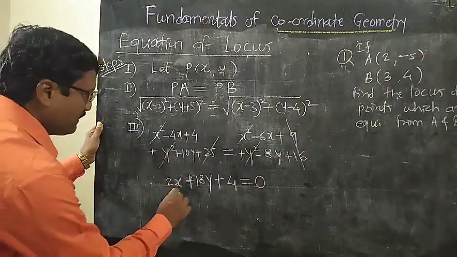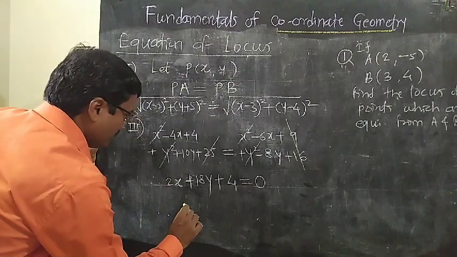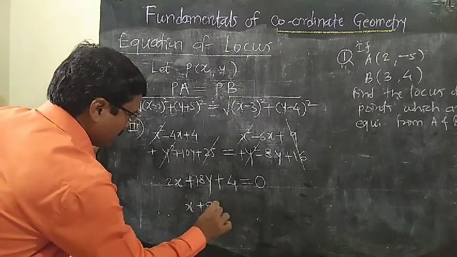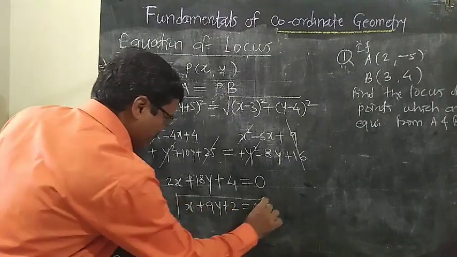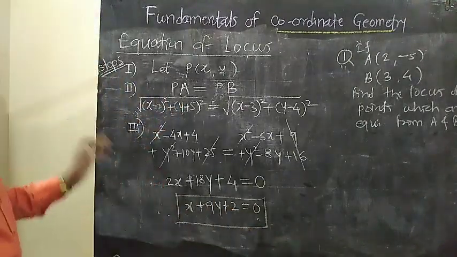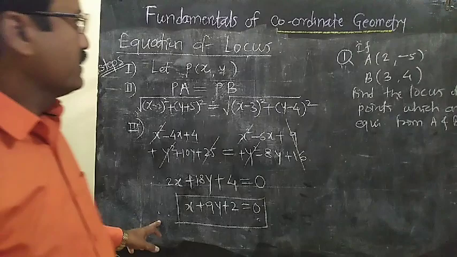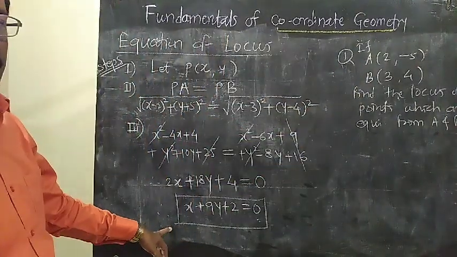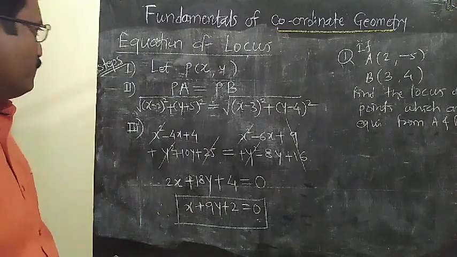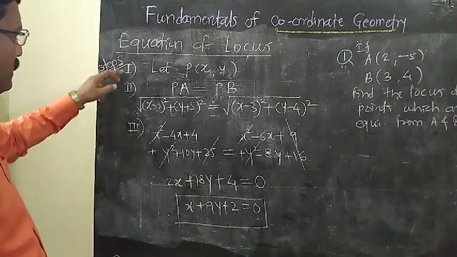So after simplification, cancelling 2 from each term, we get x plus 9y plus 2 equal to 0. That is the equation of a line, which is nothing but the perpendicular bisector of segment AB. So this is the equation of locus. It's very simple to find if you follow these 3 steps.